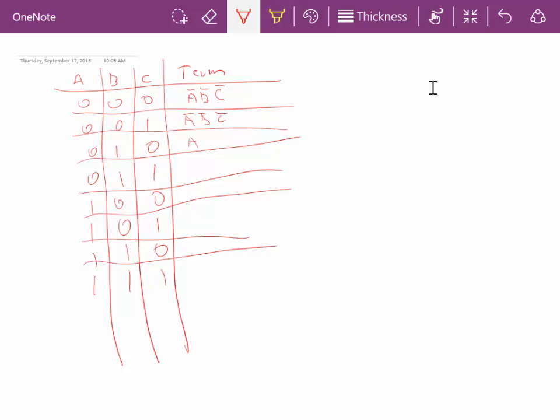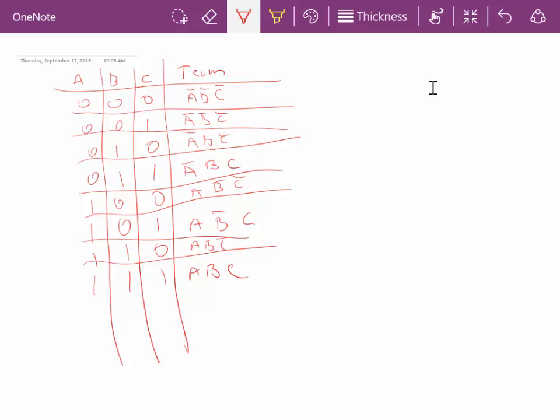This term is A naught, B, C naught. A naught, B, C, A, B naught, C naught, yeah, that's right. A, B naught, C, A, B, C naught, A, B, C.